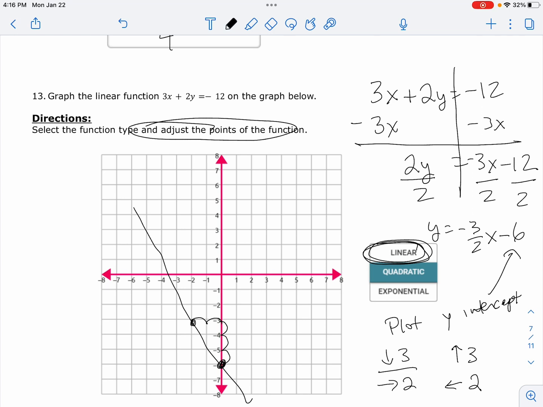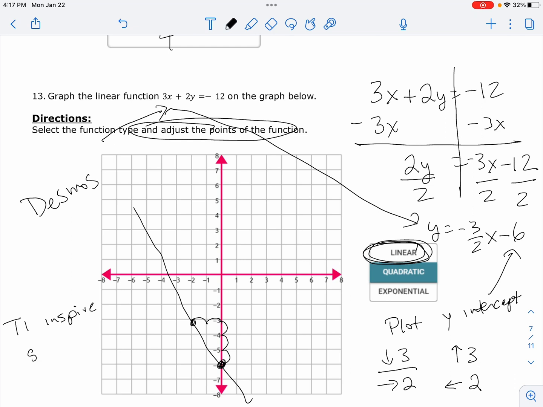Remember, you can also use Desmos. You can't type that into Desmos, but you can type this into Desmos, okay? So once you have it in slope-intercept form, you can type it into Desmos. Your other option is you can always go out to the graph on the TI-Nspire.